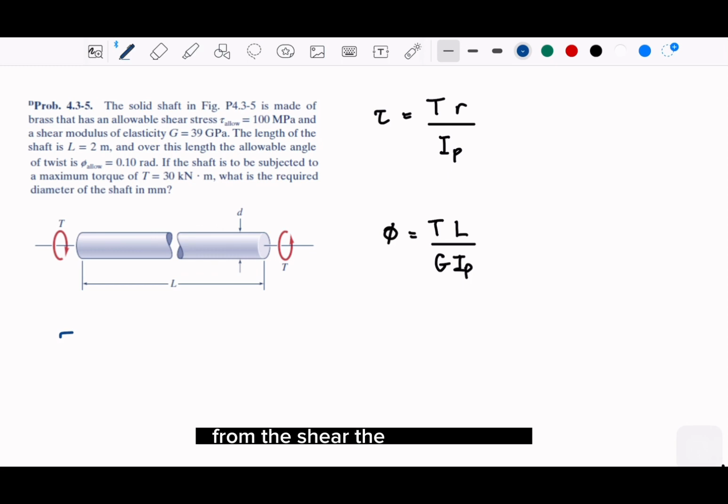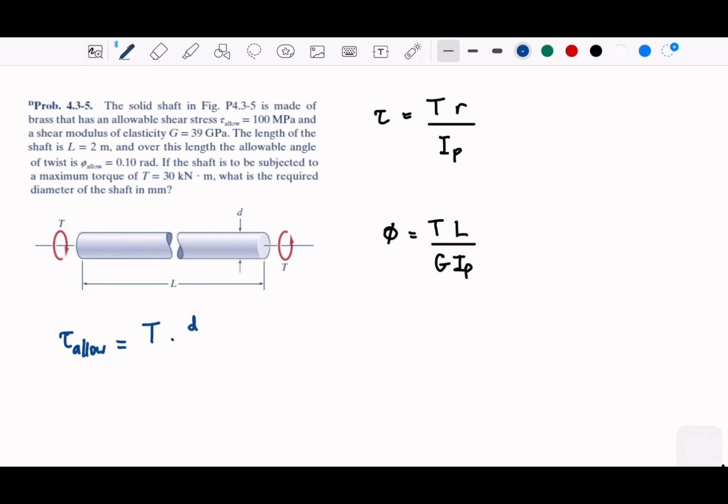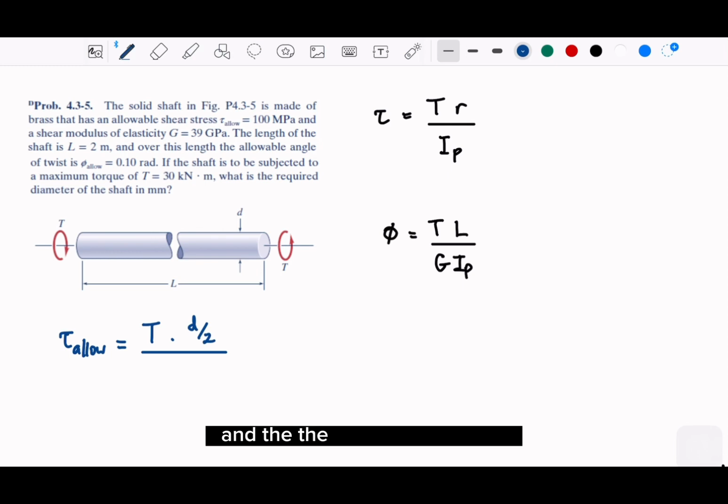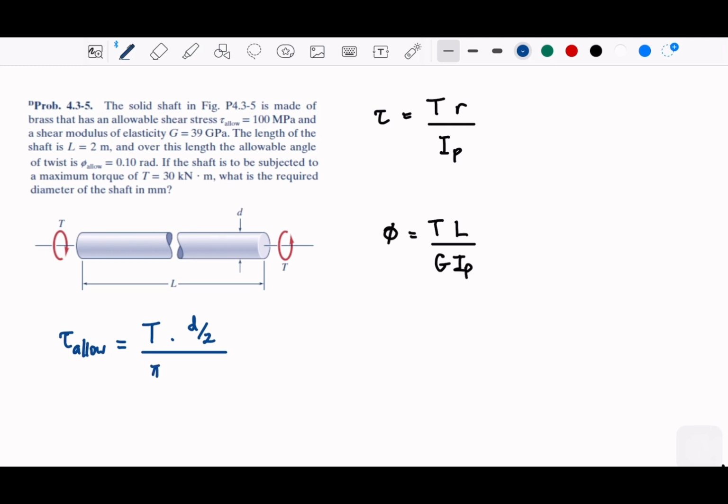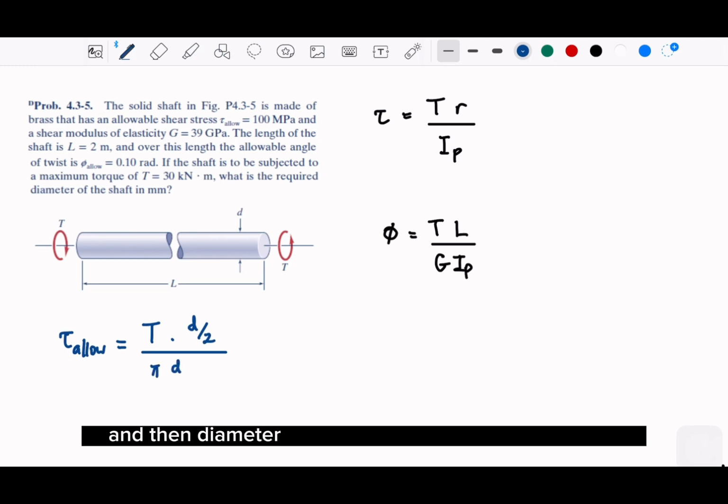Okay, now from this formula, from the tau allowable is, let me multiply T with the radius, which is the diameter over 2, and the inertia becomes pi, and then diameter to the power of 4 divided by 32.